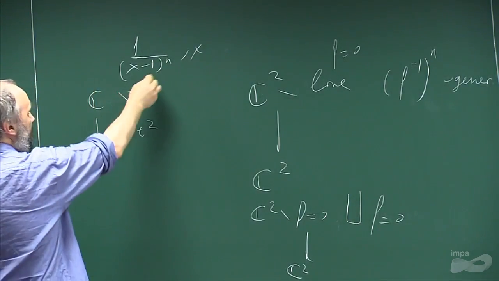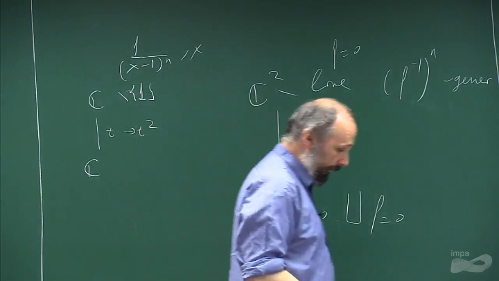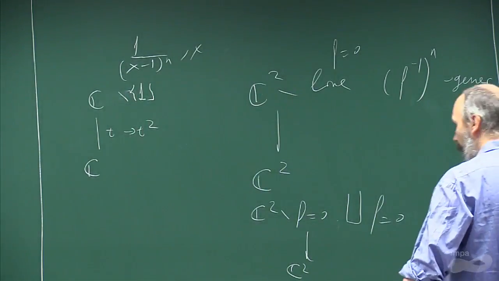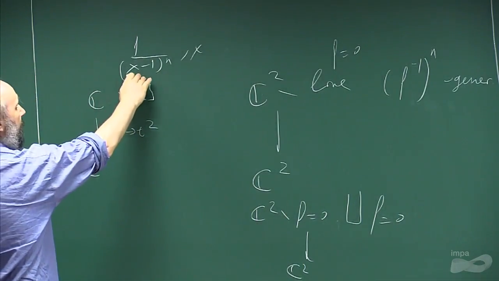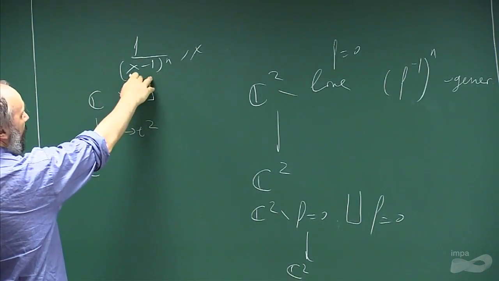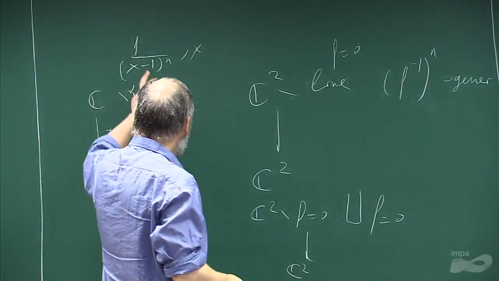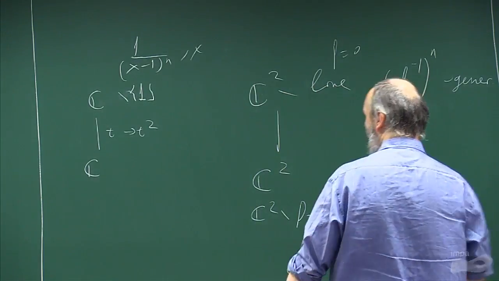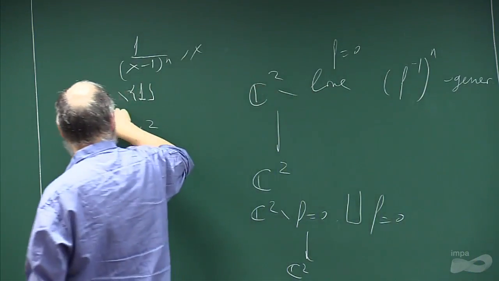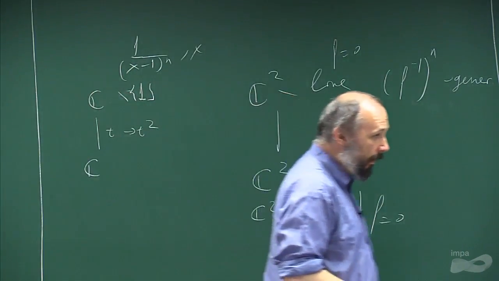So these are generators, but there are infinitely many of them, and there's no way you can find finitely many. It's easy to see because if you have finitely many, then the pole is bounded by the biggest pole in your set of generators. But the pole of this function in that ring can be anything. Okay.